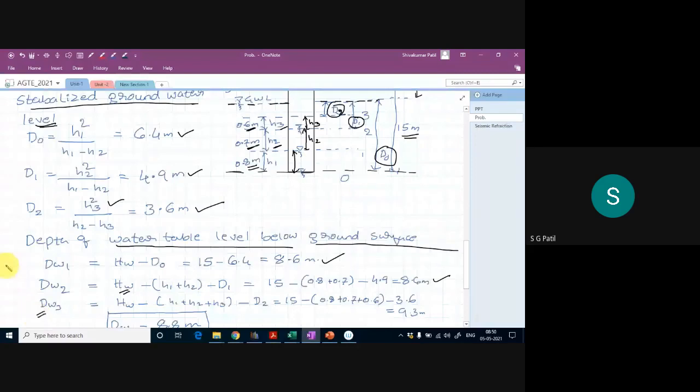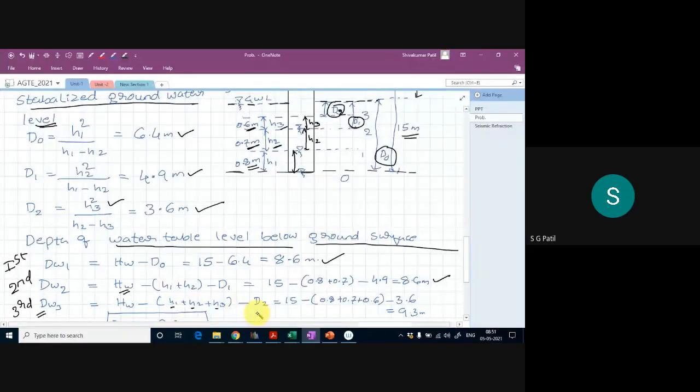Now, the second observation you take, DW2. DW2 is nothing but, on the day of bailout, whatever depth was there, minus the increments we observed in the first day and second day.